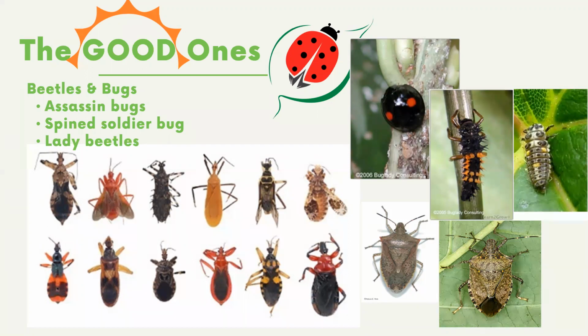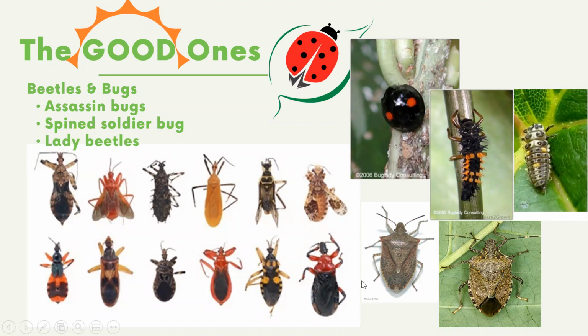They all have an elongated body and rather long legs. The head doesn't have a whole lot of variation. Their eyes are on the side and kind of bulging. So lots of different assassin bugs out there, and they are good.